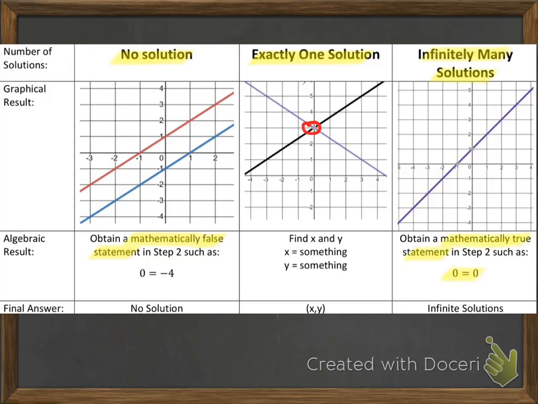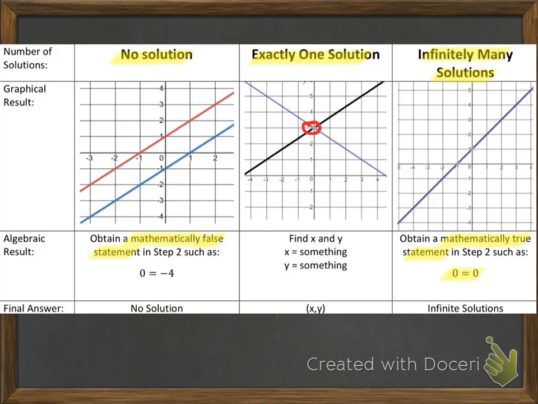For example, 0 equals 0. 0 is going to equal 0, regardless of what x and y equal. So what we say is that there's infinitely many solutions because there are infinitely many values of x and y for which 0 is equal to 0. Again, it's always true. There's not really anything you can do to make it false.